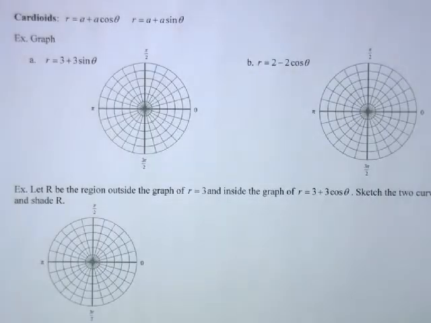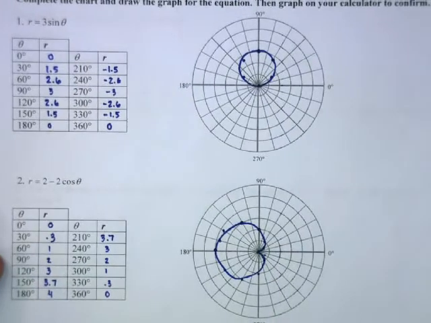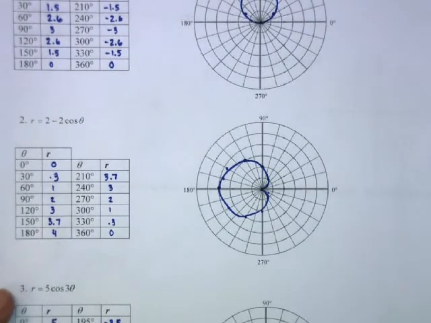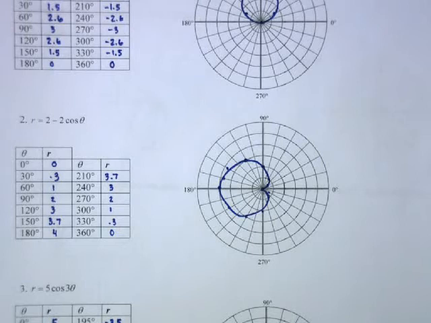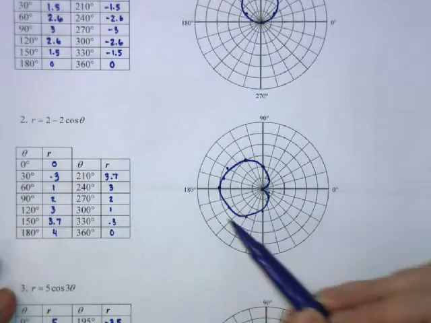Next up are the cardioids. So I'm going to refer back to the first one that we did. Okay, and I'm just now noticing we're going to be graphing the same one, but that's okay. A cardioid, if you think of the word cardio, you think of heart. So this is a heart-shaped graph.